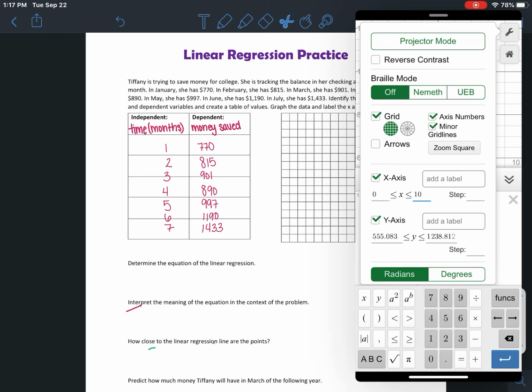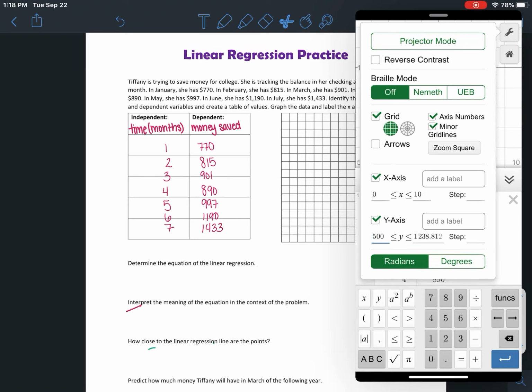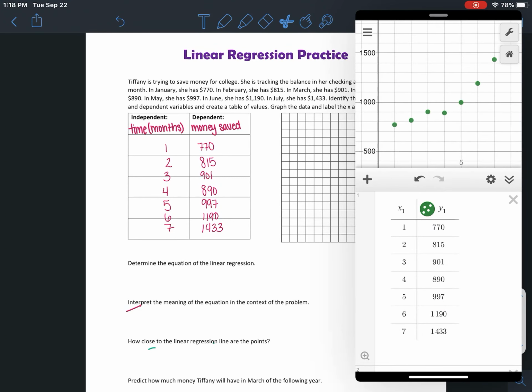And then for my Y axis, I'm looking at the Y values from 770 to 1431. Let's go 500 to 2000. You just need to pick a number that's lower than the smallest number and higher than the biggest number. And then we'll just click out of there.